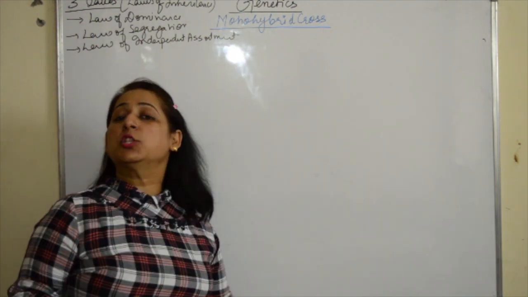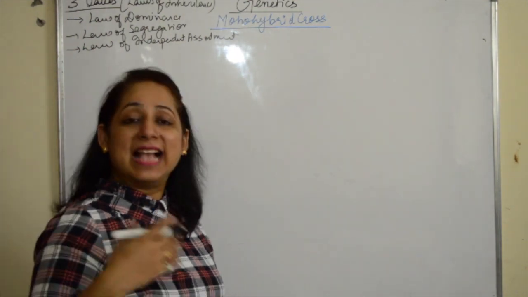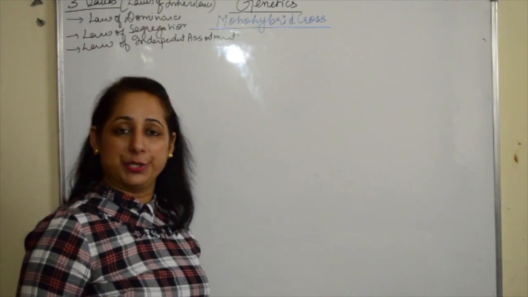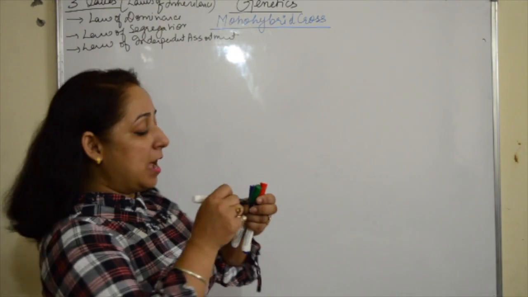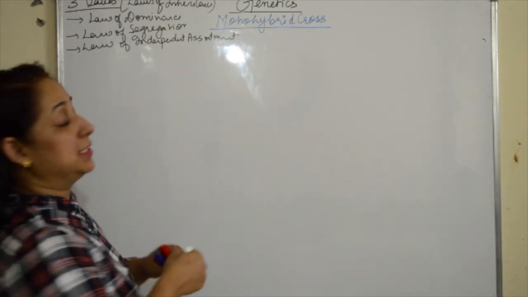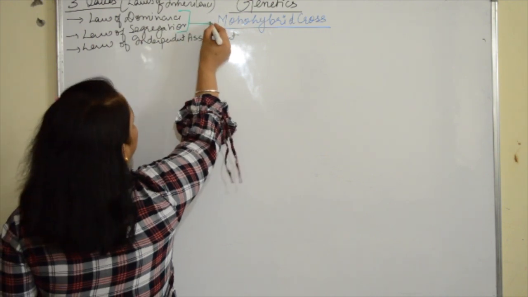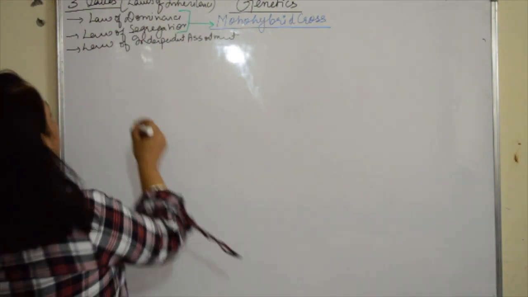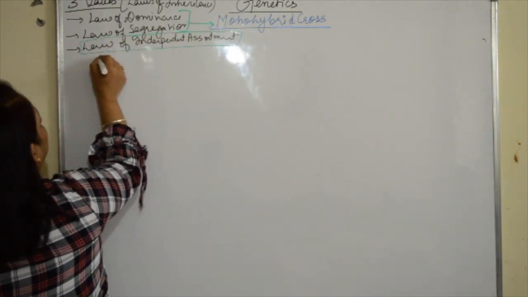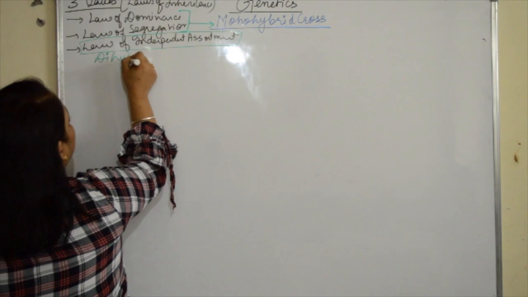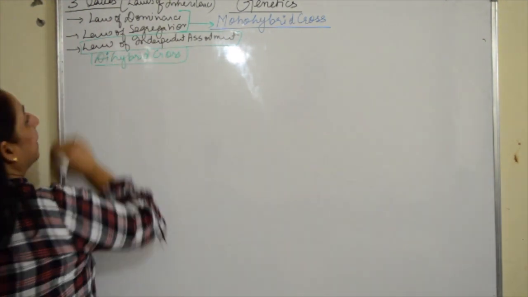When he gave these laws, he had to prove his laws with a mathematical derivation, as he was a mathematician. So he proved his laws with the help of these crosses. Now 2 of his laws, that means law of dominance and law of segregation, are explained by a mono-hybrid cross, and the last one, law of independent assortment, is explained by the di-hybrid cross, which we will do in our next video.